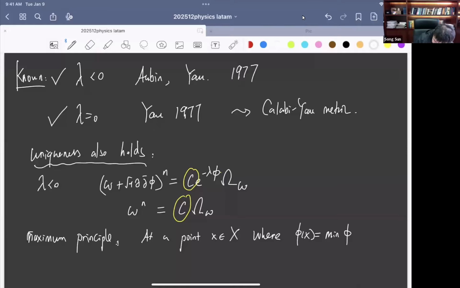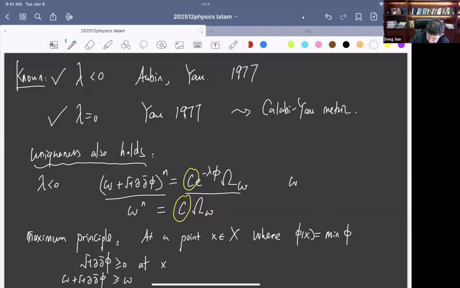So that means ∂∂̄φ is non-negative at x. That means omega plus ∂∂̄φ, thinking of it as a matrix, is bigger or equal than omega. But you can divide these two equations.